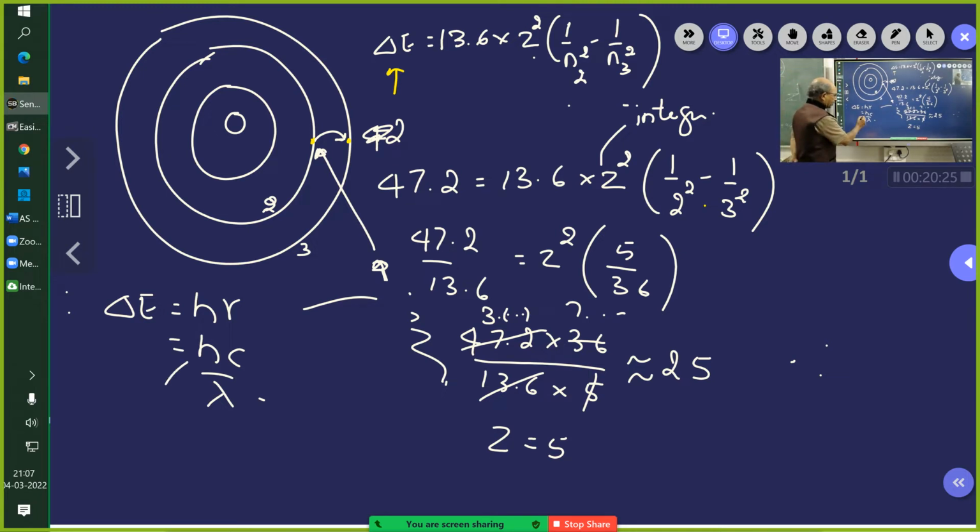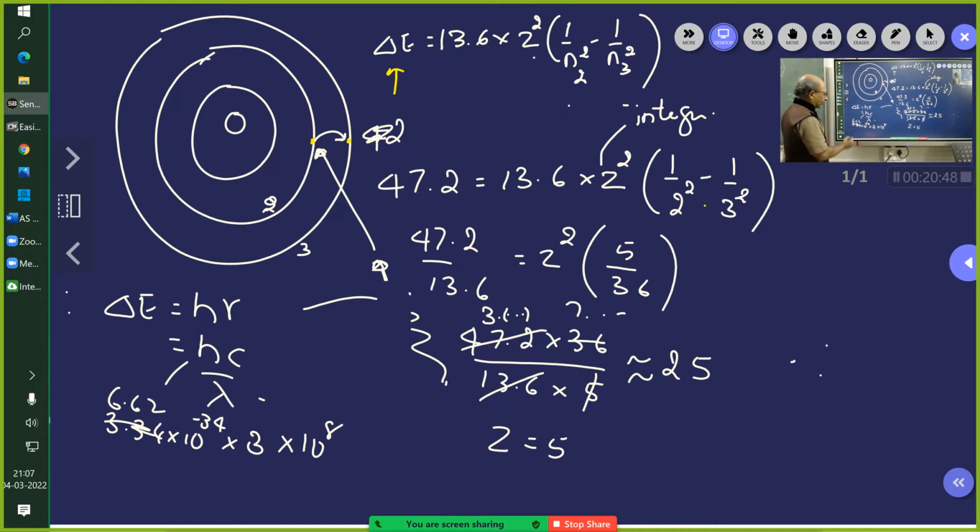The value of h is 6.62 into 10 to the power of minus 34, and c is 3 into 10 to the power of 8.